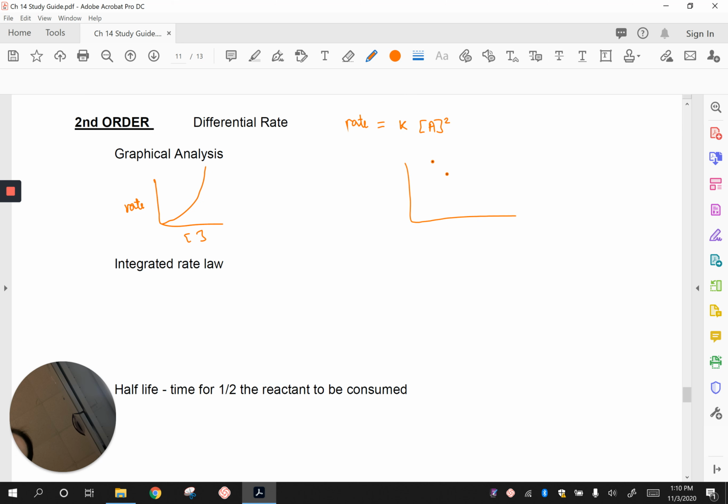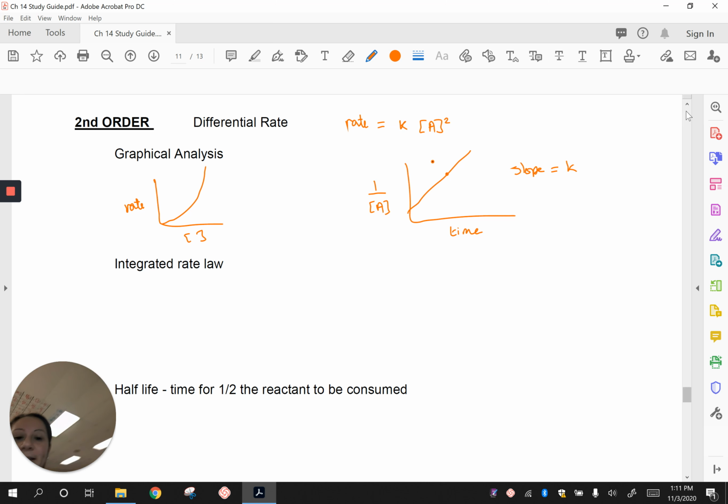If I were to graph it in terms of time and I want it to be a straight line, I would have to plot 1 over the concentration to get a linear relationship, and it would look like this, where the slope is equal to k, positive k, not negative k in this case.